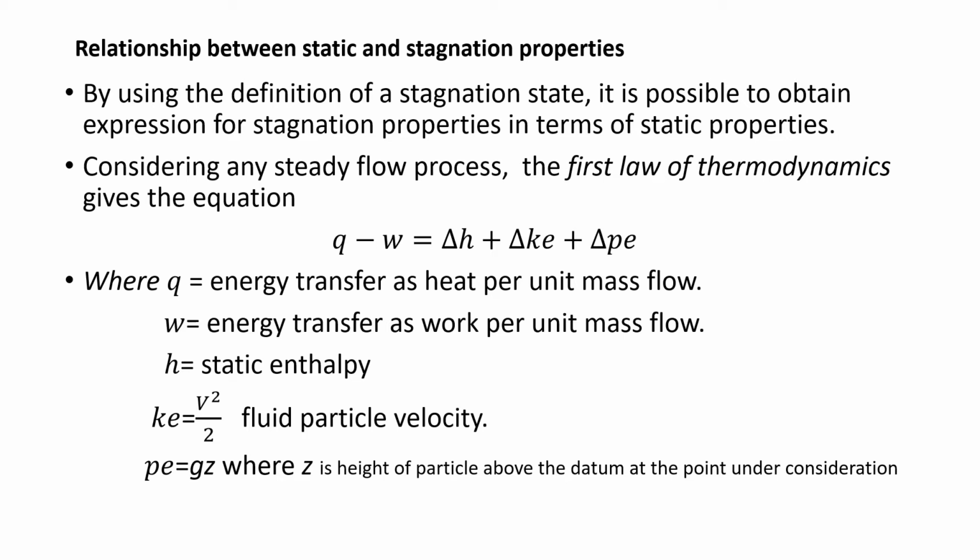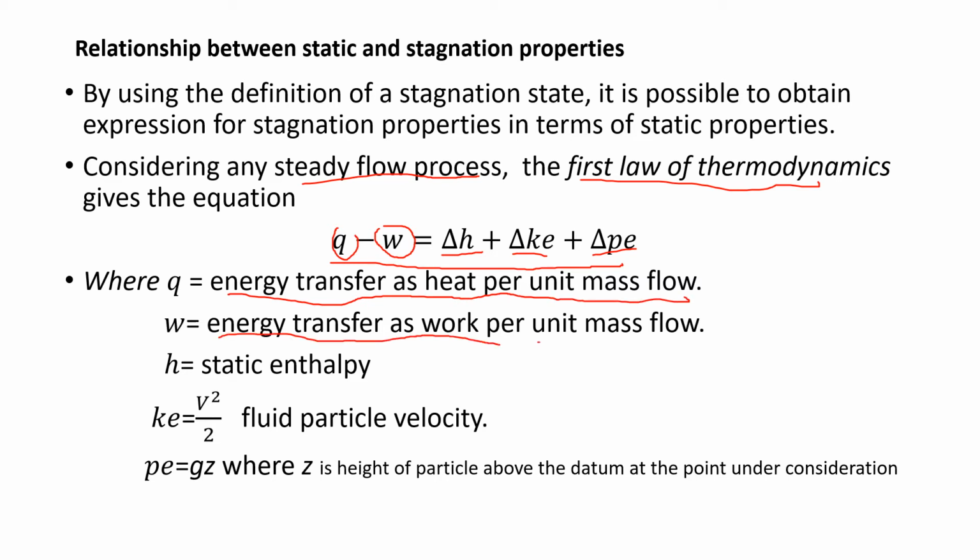Let us consider a steady flow process. From the first law of thermodynamics, we get this equation: the difference of heat transfer and work transfer, the energy transfer, will give us delta H plus delta KE plus delta PE. So what is Q here? It is energy transfer as heat per unit mass, and W is energy transfer as work per unit mass.